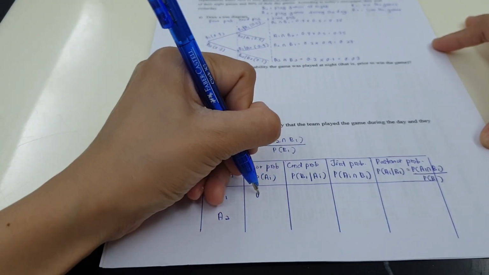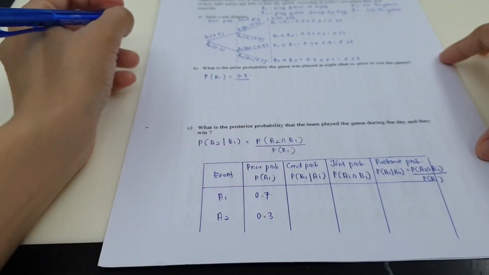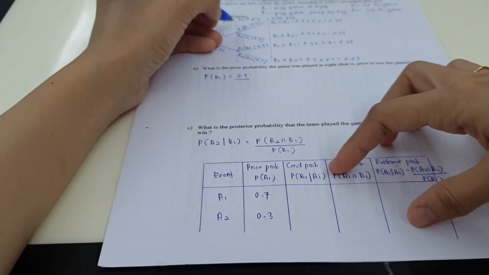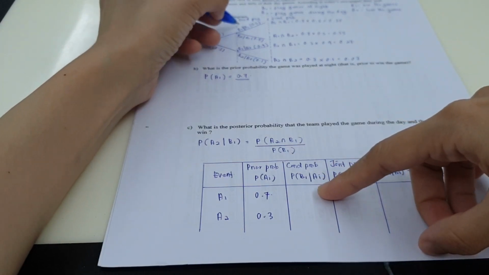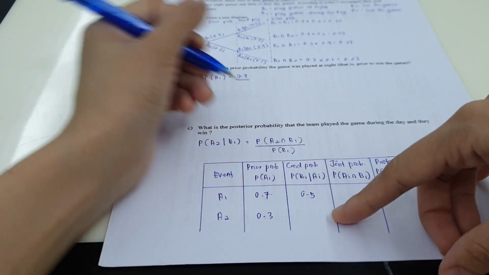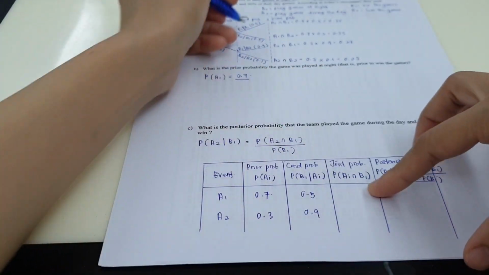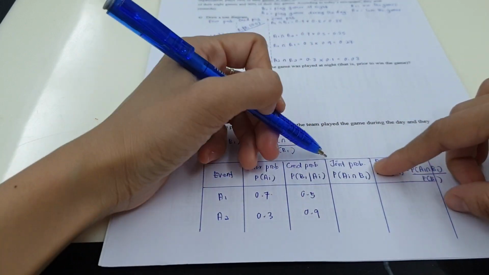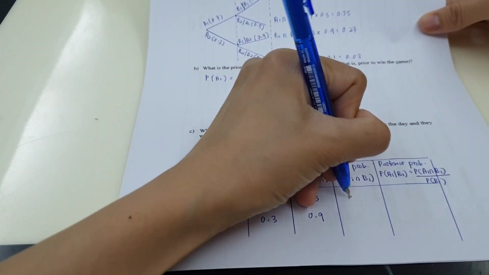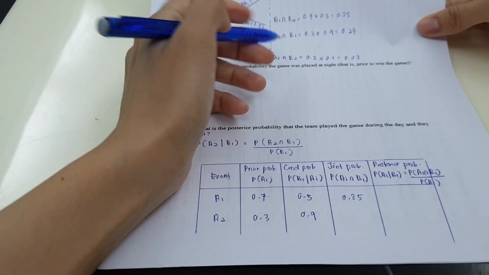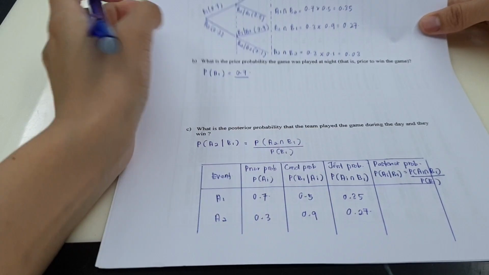Now we just put the values from the tree diagram into the table. A1 is 0.7, and this one is 0.3. Conditional probability B1 given A1 is 0.5, and this one is 0.9. The joint probabilities are 0.35 and 0.27.